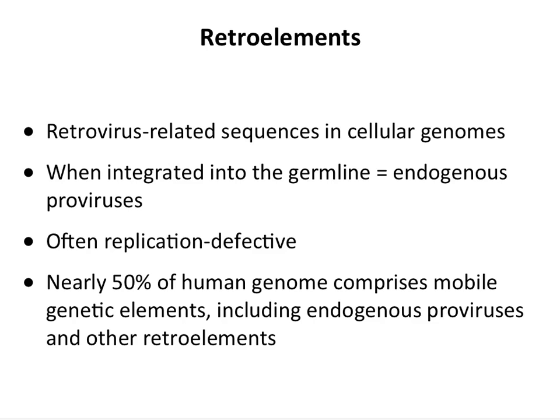Half of our genome, half of our DNA is retroelement stuff, all right? Which is not only endogenous retroviruses, but as you'll see in a moment, other kinds of sequence elements related to proviral DNA. It's amazing.